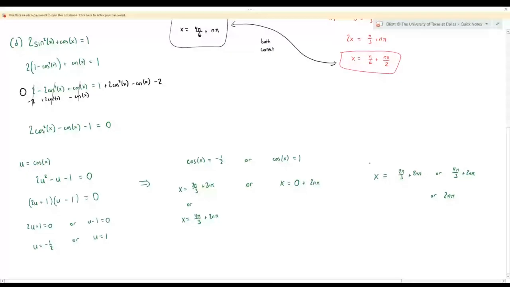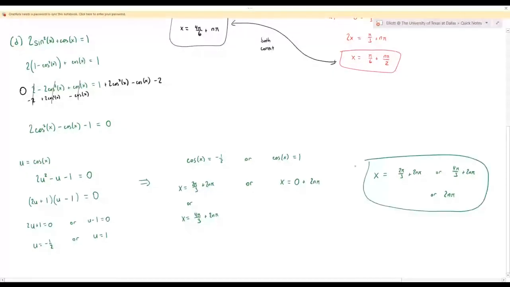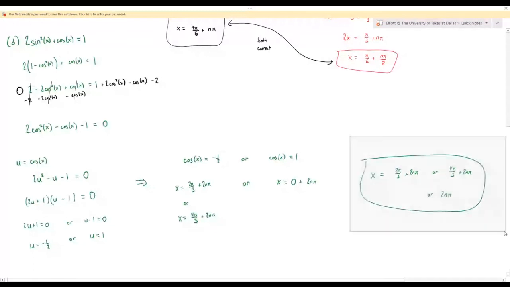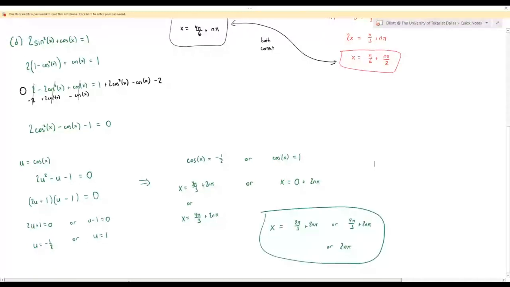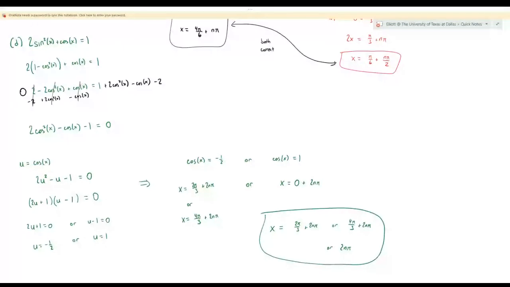So that would be the full set of solutions to our equation. All right. Okay, so any questions about that?